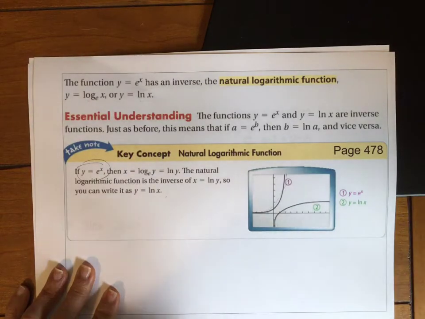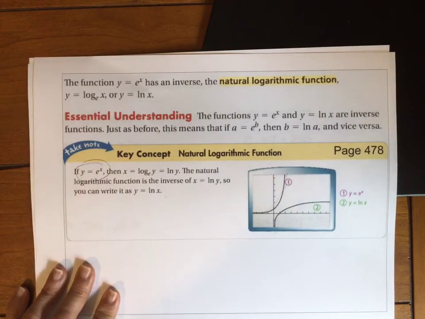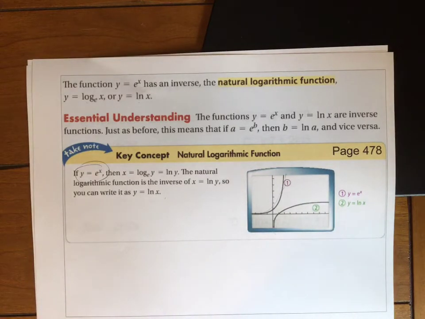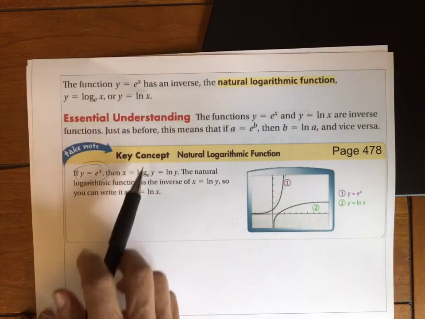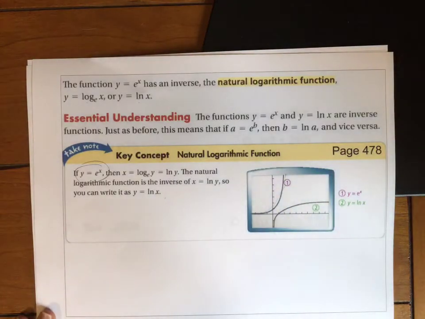And that is y equals natural log of x. And we graph them just the same way as we did when we were graphing logs of any other bases. All right, so pause if you want to take notes on this. Really the most important thing is right here, and then this information and what they look like.